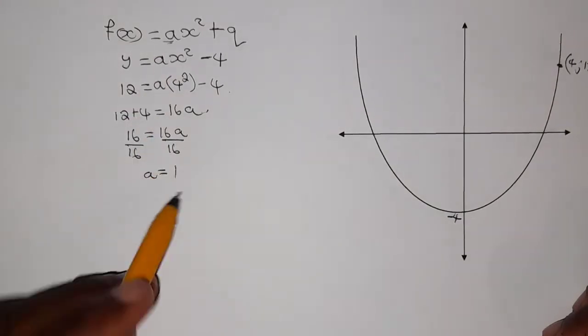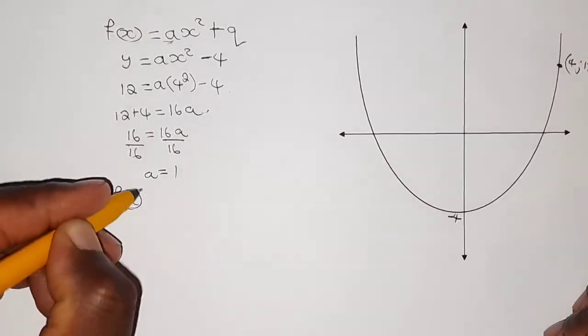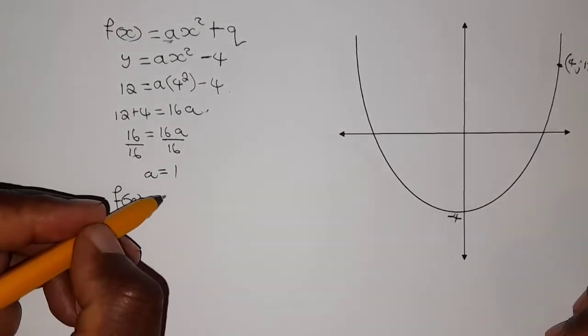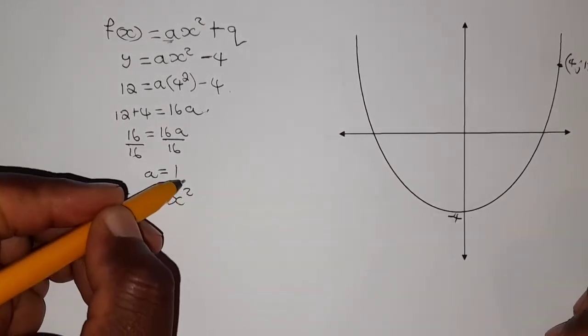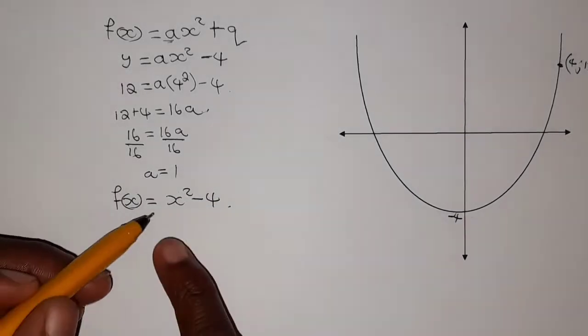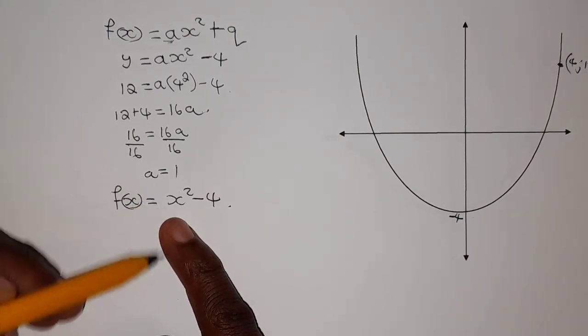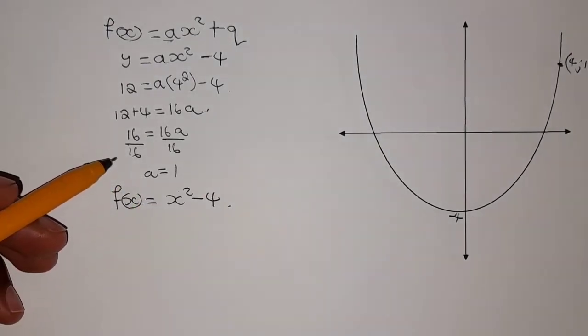Therefore, where we have a, we put a 1. We have f of x is equal to x squared minus 4. The coefficient of x is 1, so our a here is equal to 1.